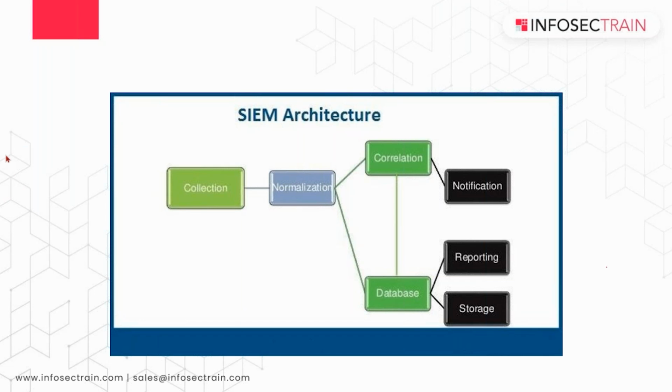Notification, what it means here in SIEM and how it works. In terms of correlation, nothing is different. If you remember, yesterday I gave you event.login failure and .user, and time duration less than 1 minute. That means different events are correlated with each other in order to make sense out of it.